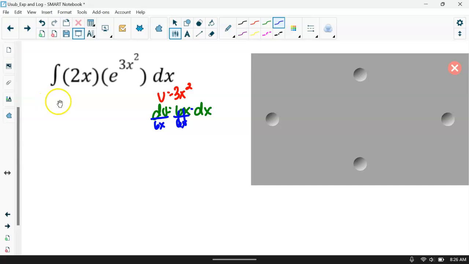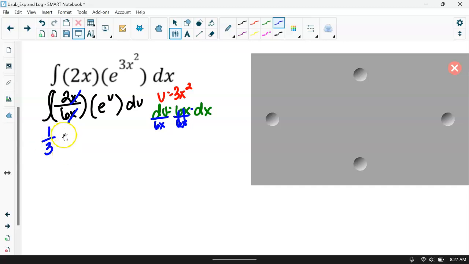So if you think about this, this is 2x times 1/6x, or 2x divided by 6x here, then times e to the u du. Now, let's simplify this because x cancels out because that's just 1. Then 2/6 is 1/3.